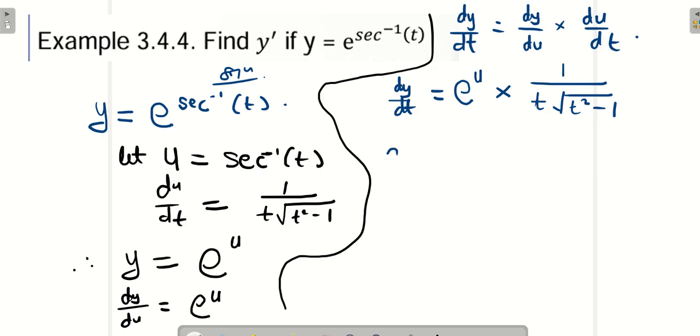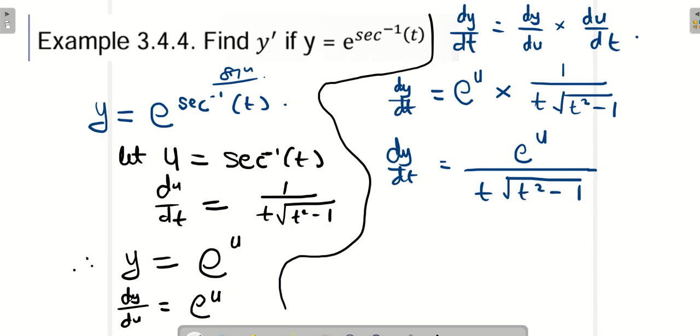Then finally we can write dy dt to be equal to e to the power u all over t root of t squared minus 1. But we know that u is equal to this. So wherever you see u, put sec inverse of t there.